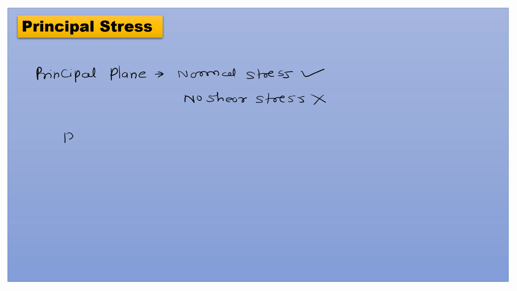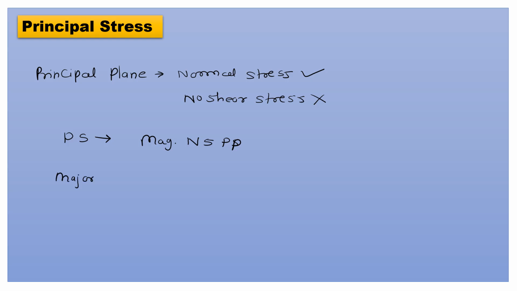Then there are two terms, which are major principal stress and minor principal stress. The maximum value of normal stress is called major principal stress, and the minimum value of normal stress is called minor principal stress.